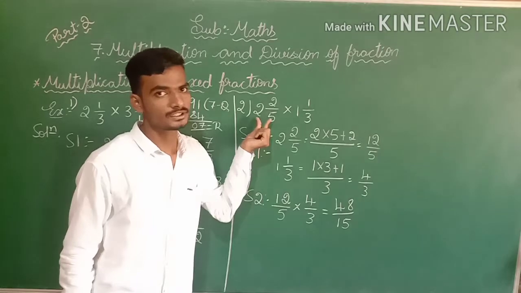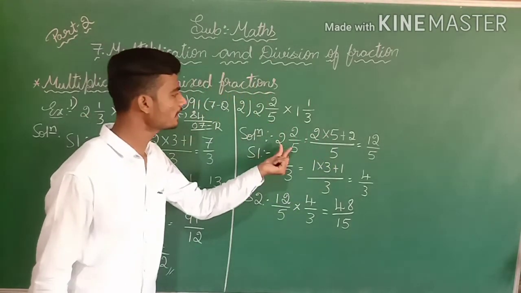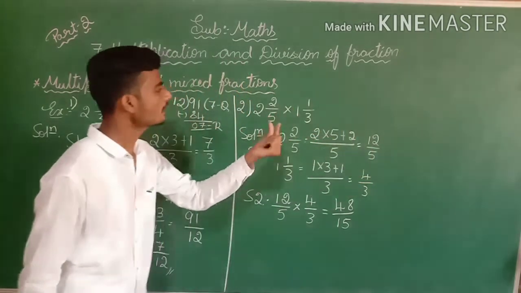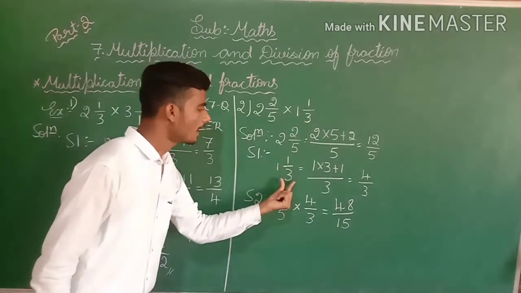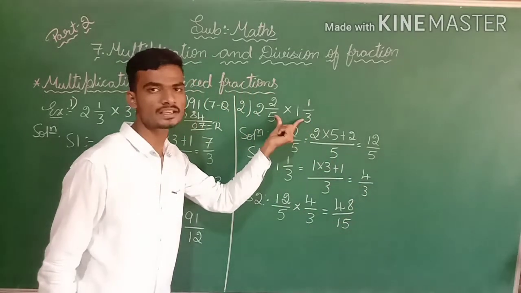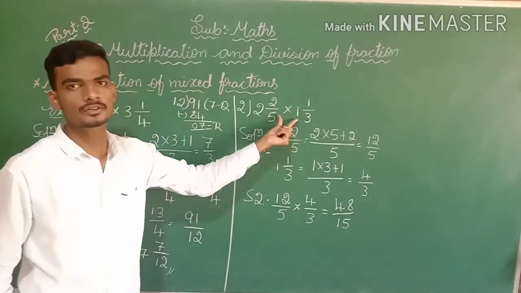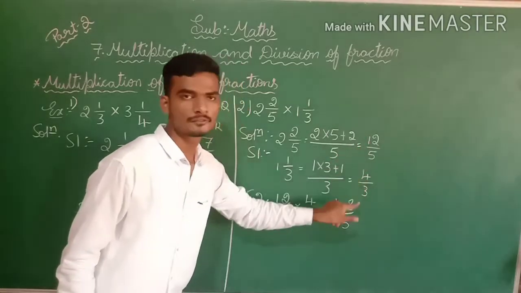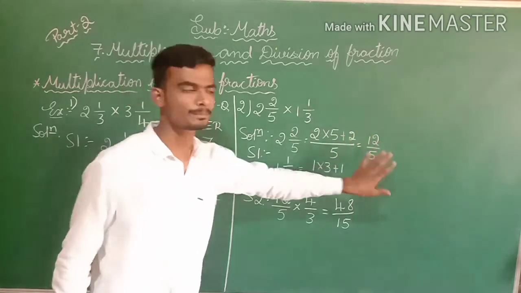You have to convert them into improper fractions. Both the numbers are mixed fractions, so we have to convert both to improper fractions. You know already how to convert a mixed fraction to an improper fraction.